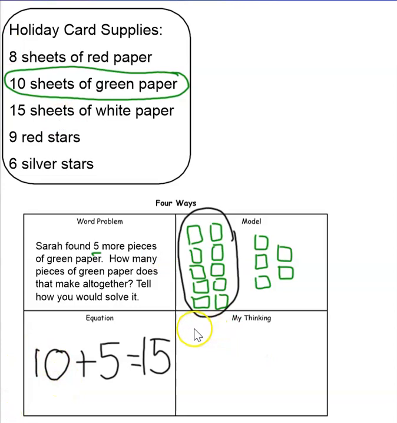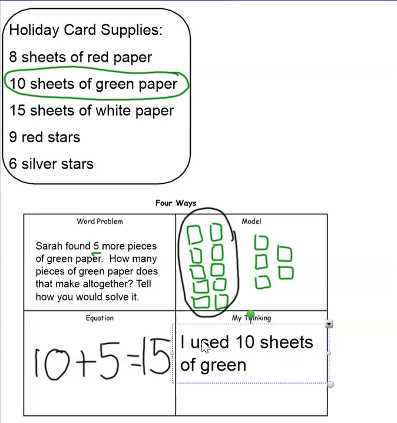So let's think about our thinking here. I'm going to type my thinking. I used 10 sheets of green paper from the data and added 5 more, right?